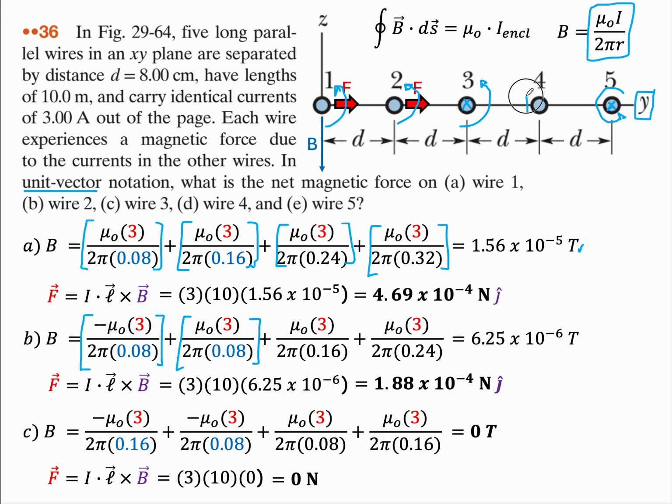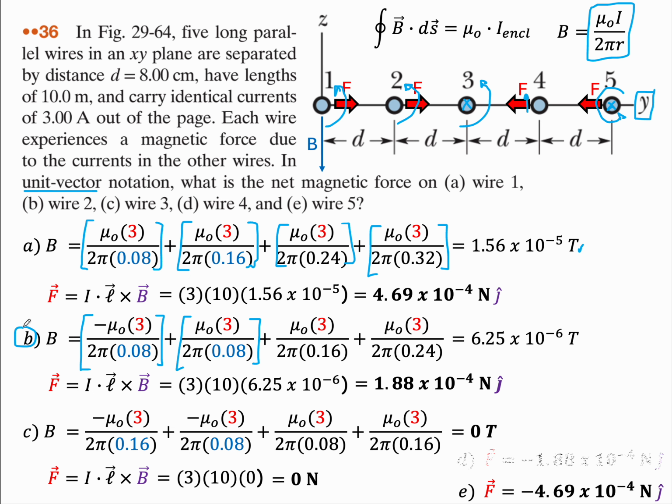Overall, it's going to produce a magnetic field pointing upward. If you do your current field force, you'll discover the force on wire 4 is over towards the left. I'm not going to do all the math again because wire 4 is just like wire 2, which we just did right here. It's the exact same magnitude.